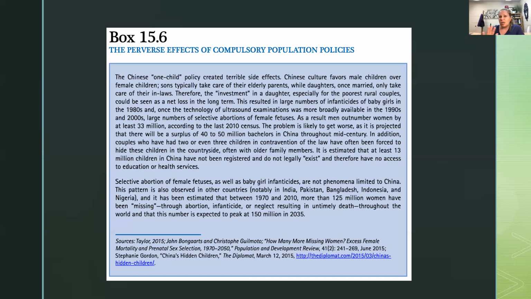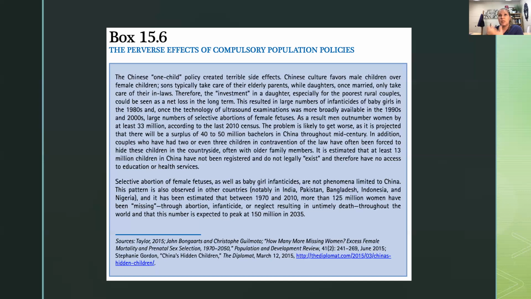It's estimated that over 125 million women are missing from the population, either because they were pre-selected for abortion, killed right after birth, or neglected and undocumented, which often led to early death because they are homeless and have no access to resources. So this is really tragic.